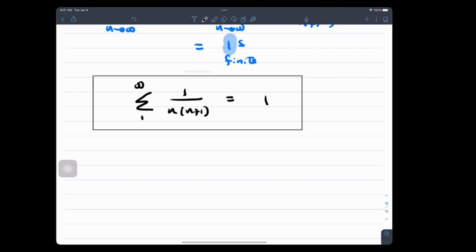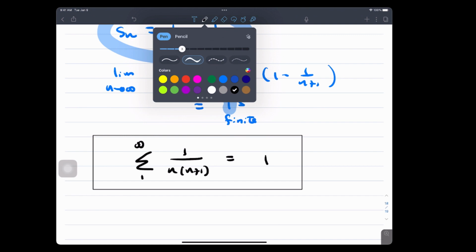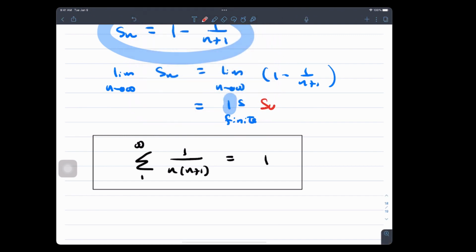By using the definition here of that sequence of partial sums, this right in here is the sum, ladies and gentlemen. It's 1. So in the beginning, it's easy to do, but generally speaking, it's not so easy. Just to let you guys know, it's generally not an easy thing to do.